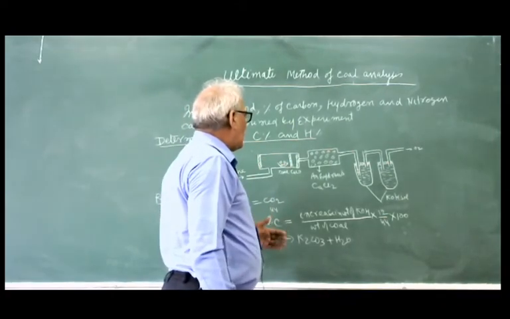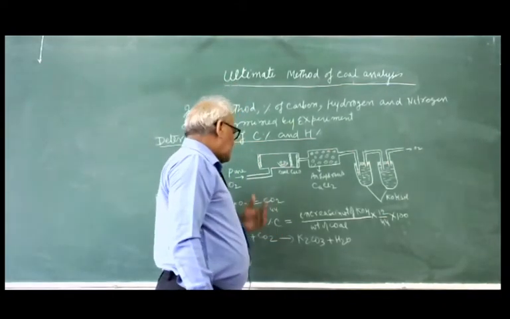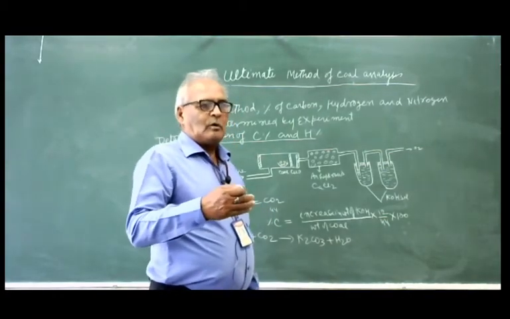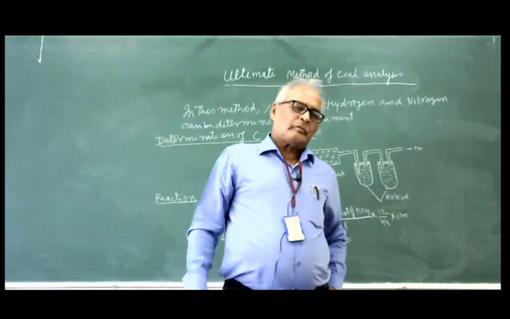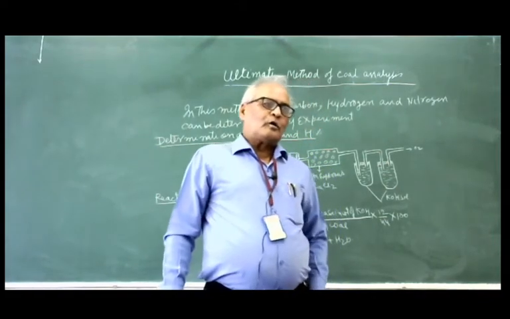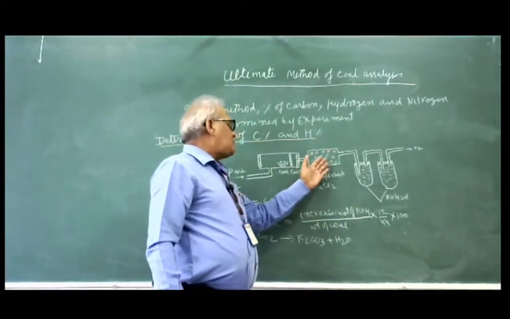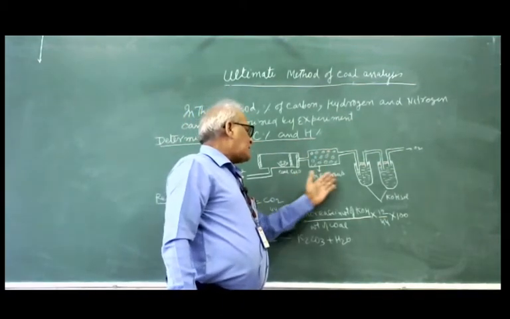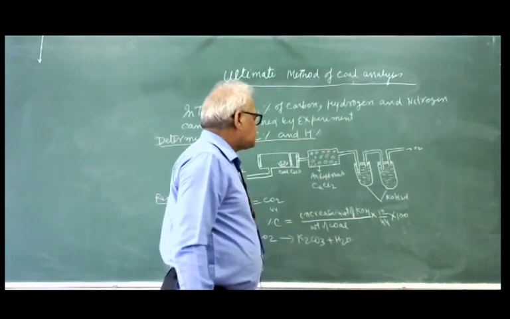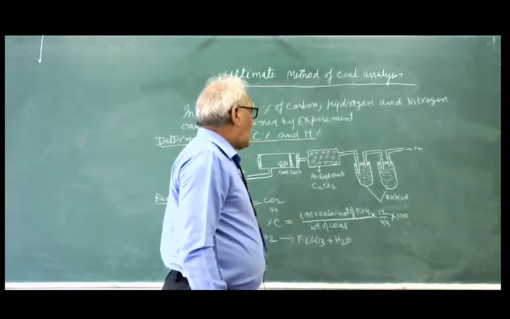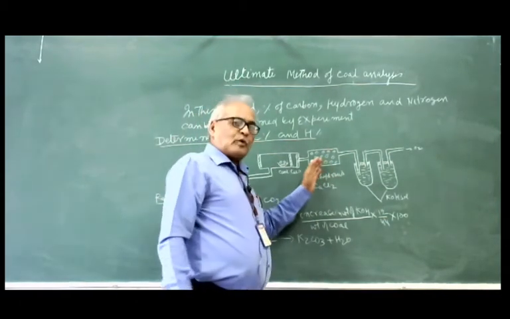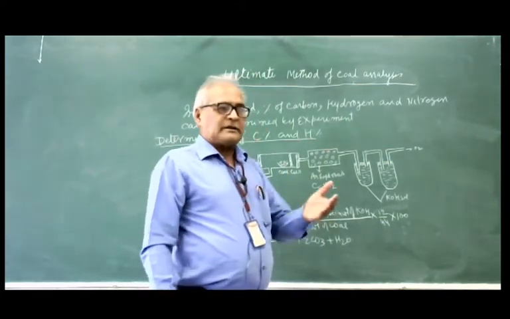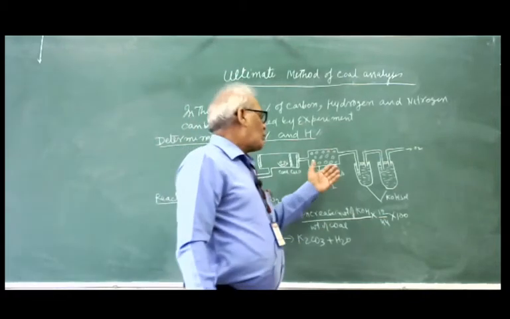So first of all, hydrogen will change into H2O. So H2O will be absorbed in this chamber. This is the anhydrous calcium chloride. Anhydrous calcium chloride absorbs moisture and there is an increase in the weight of the calcium chloride.